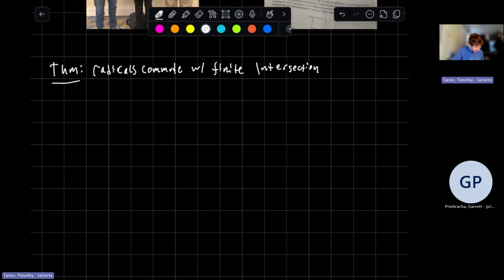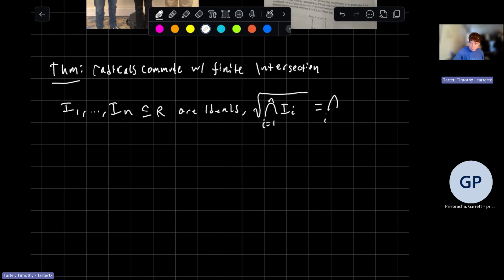The formalization is that if I1 through IN are ideals, then the radical of the intersection is equal to the intersection of each radical.